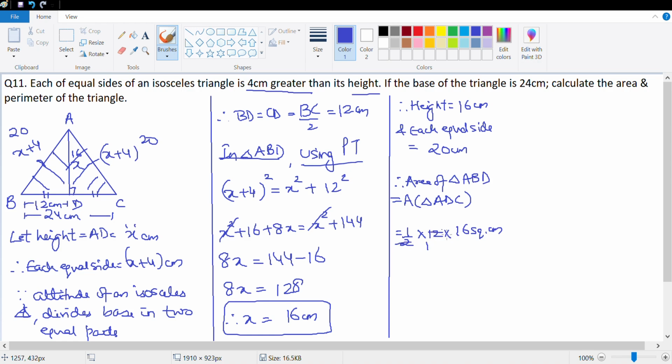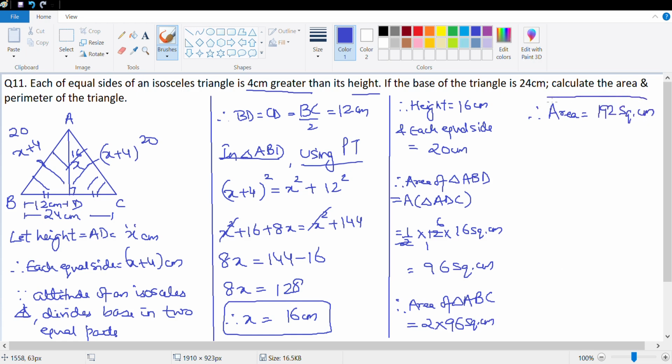So half into 12 into 16, that's equal to 96 square centimeter. So that's the area of one triangle. Therefore area of triangle ABC would be equal to 2 into 96 square centimeter. Therefore area is equal to 96 into 2, that's 192 square centimeter. Done. So we've calculated the area.